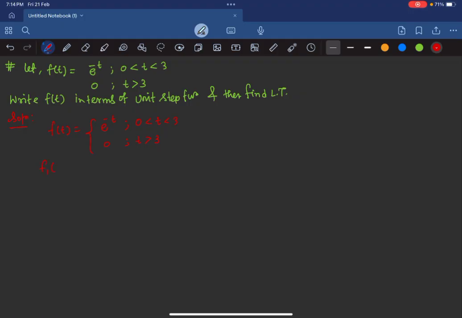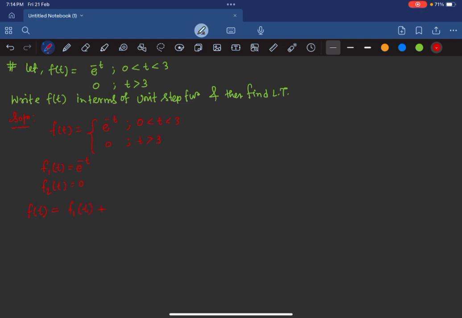Now you can identify, suppose f1(t) is e^(-t) and f2(t) is 0. Then the function f(t) can be written as f1 + (f2(t) - f1(t)) u(t - a), where a means 3 here.